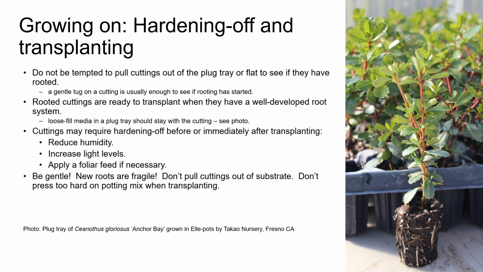Rooted cuttings are ready to transplant when they've got a well-developed root system. Loose fill media in plug trays should stay with the cutting, as shown in the photo here.